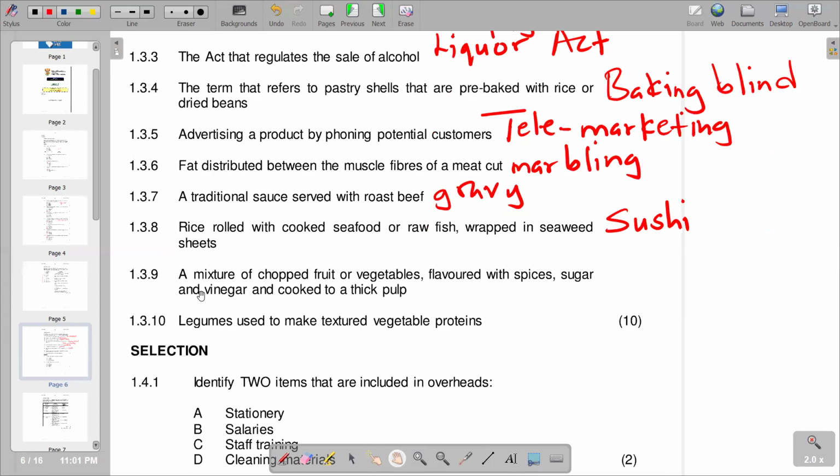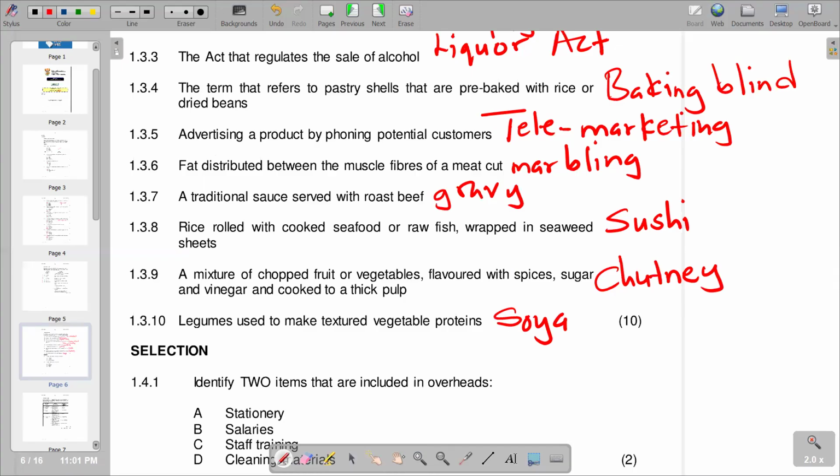So the correct response that we have is chutney. And we go to number 10, legumes used to make textured vegetable proteins. This is soya. So these are the correct responses that we have.